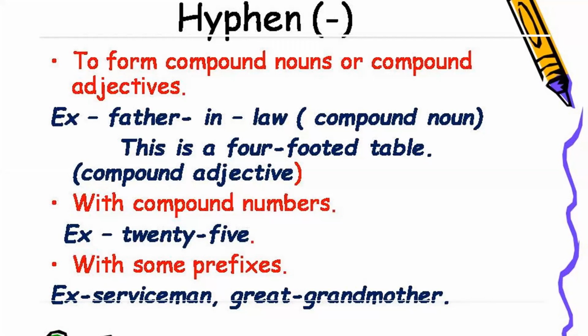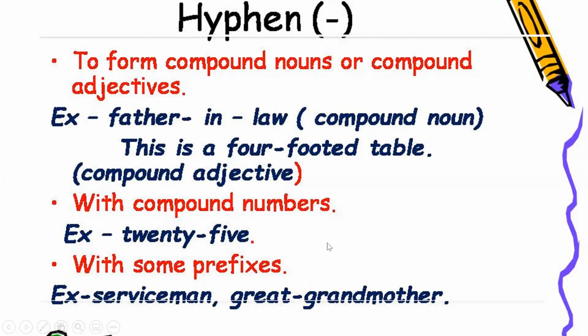Now, with compound numbers, you all know when we were small, we were writing number names. The teachers used to tell us to put a dash when writing numbers from 21. 21, we usually put a hyphen. Okay, we were taught this way: 21, 22, put a hyphen in between. Then, with some prefixes.